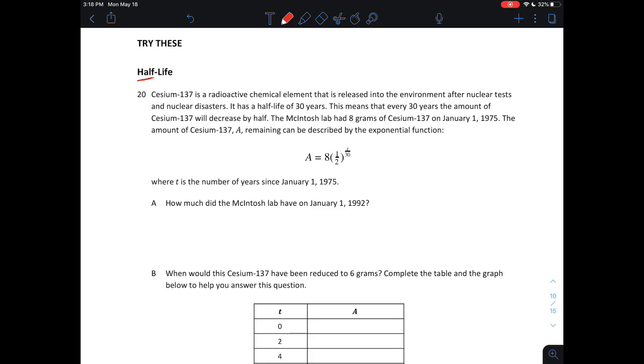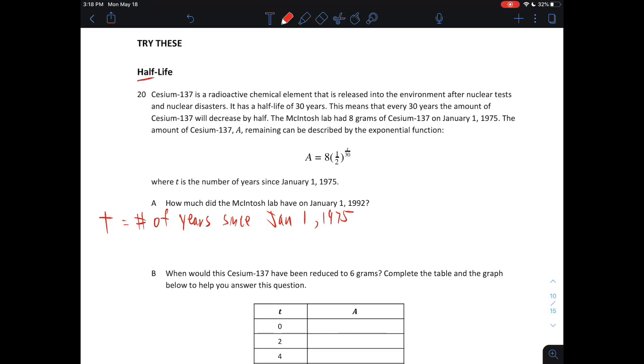Well, first of all, we need to know what is the value of t. T, as we were told, is the number of years since January 1st, 1975. So how many years is that?